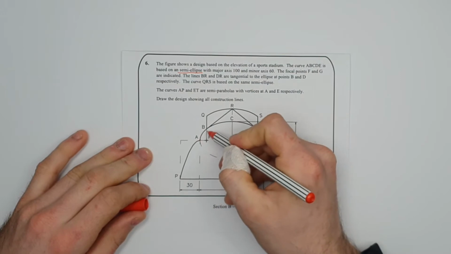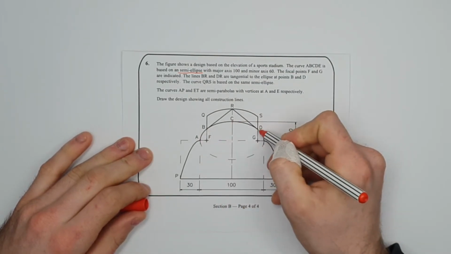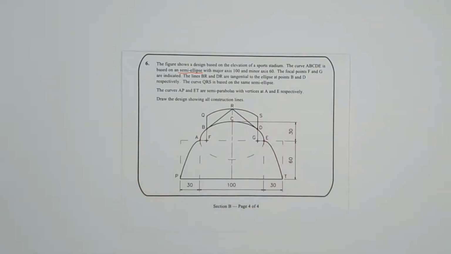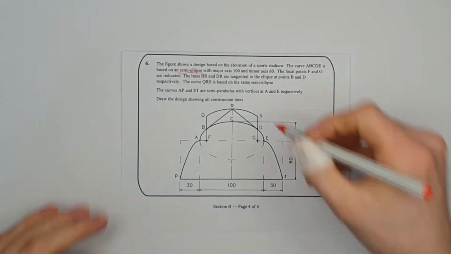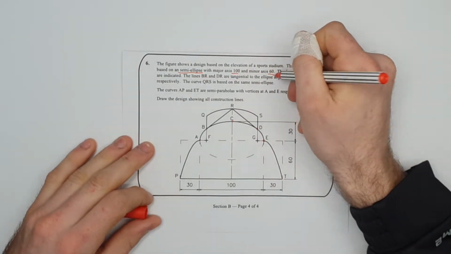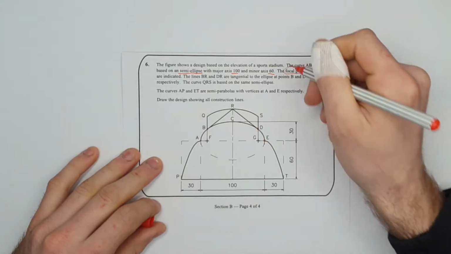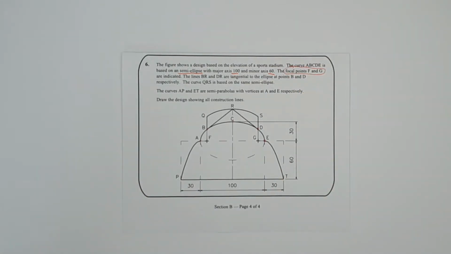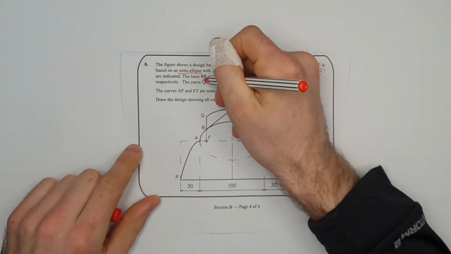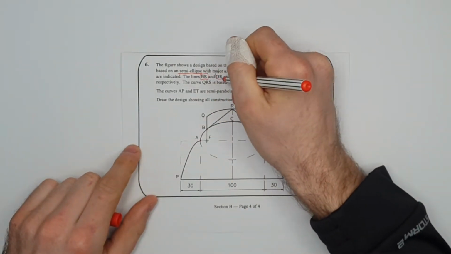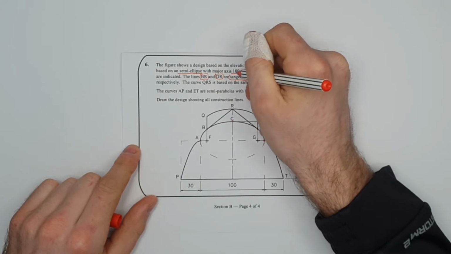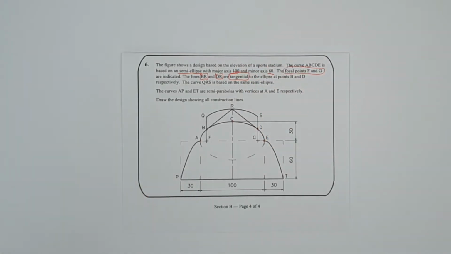So A, B, C, D and E based on a semi-ellipse width, major 100, minor 60. The focal points F and G are indicated. The lines BR and DR are tangential, perfect, to the ellipse at points B and D respectively.